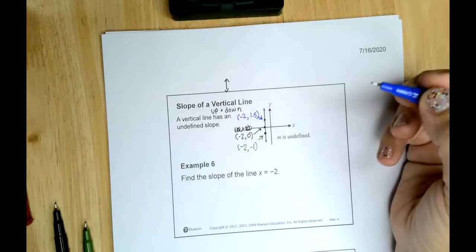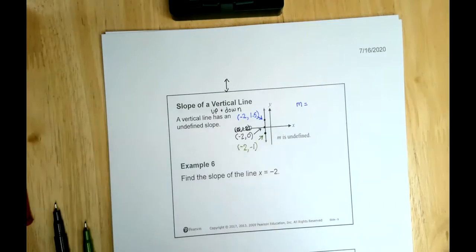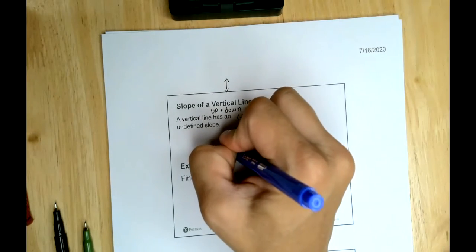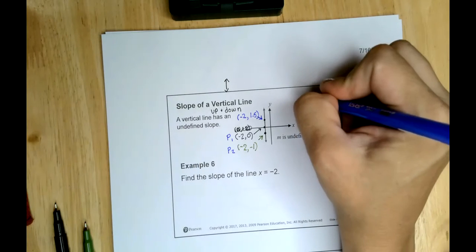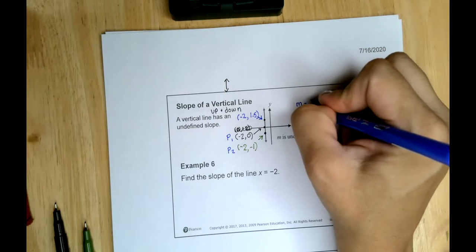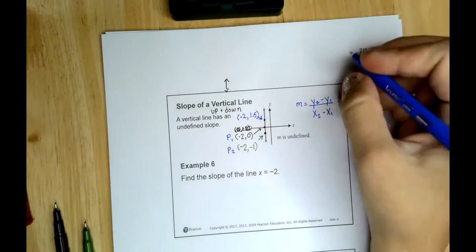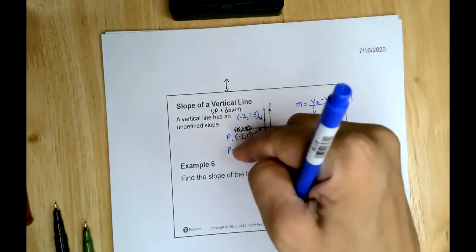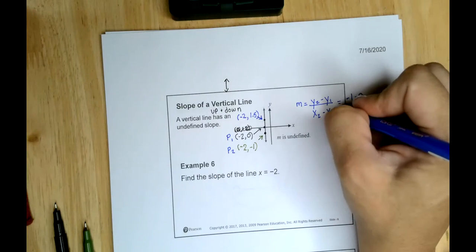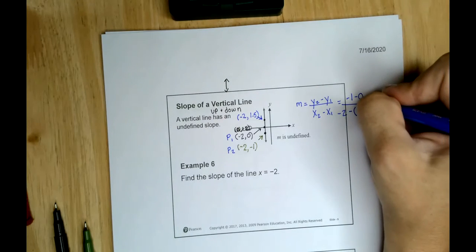So if I tried to take the slope of these points, here are my points, I'll say this is P1, this is P2. So M equals Y2 minus Y1 over X2 minus X1. Y2 will be -1, Y1 will be 0, X2 will be -2, X1 will be -2.